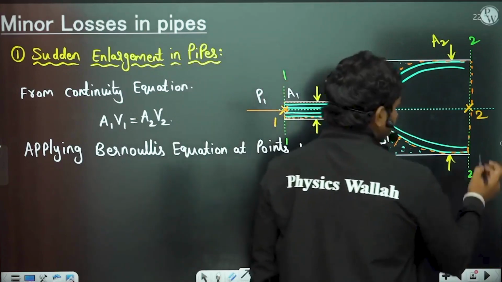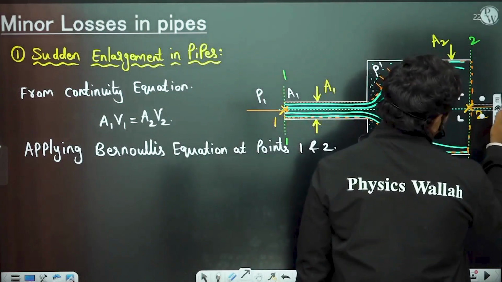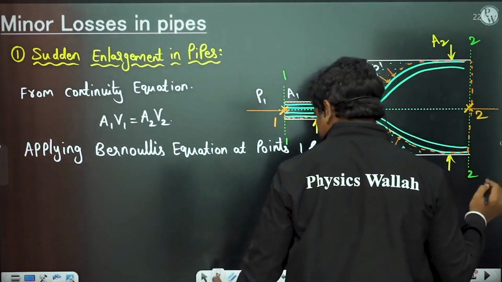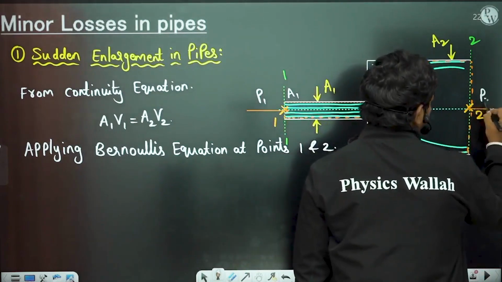Similarly at this location the pressure is P2, and of course the area is A2.